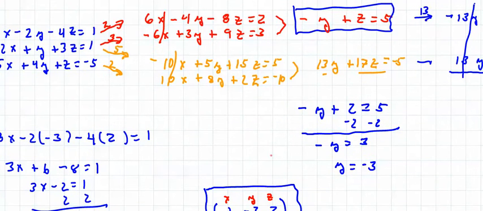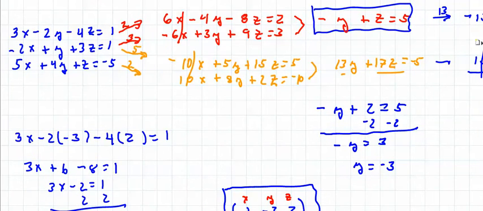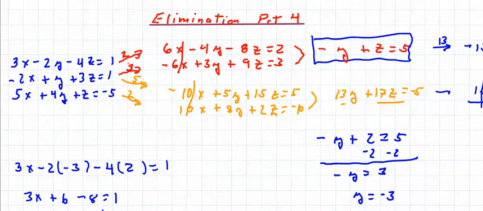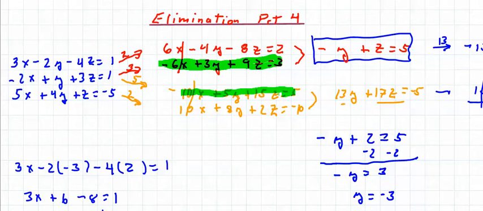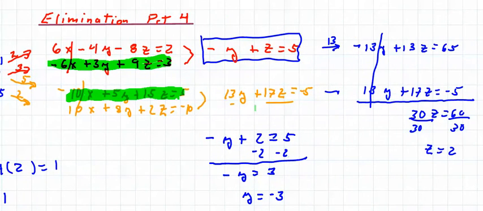Let's go back. Just look briefly at what we did. We wrote down the equations, and I took the middle equation and the top equation and eliminated x. Then I took the middle equation and the bottom equation, and I eliminated x. So the middle equation is written down twice. Of course, it looks different each time. I then had two equations with no x because I eliminated the x.